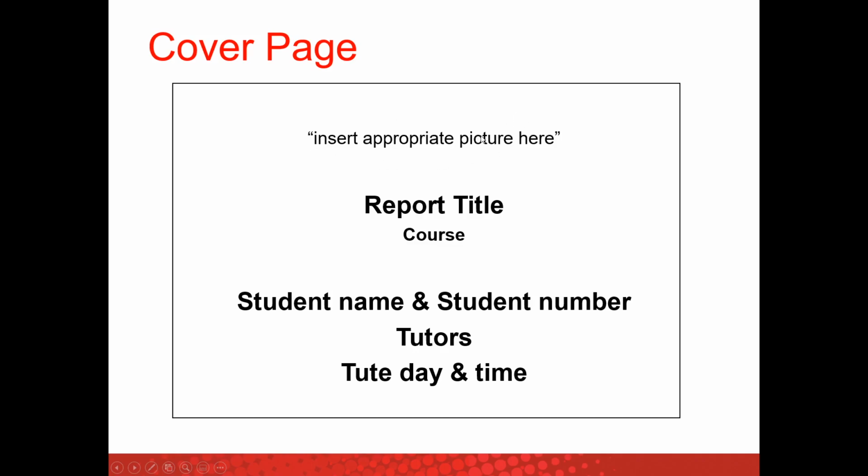So it's only text here, but you would actually expect an appropriate picture for what the report is. So there should be a title. Obviously put the course details, ISYS 2056, etc. in here. The student name and number, and the tutors' names. Ideally put both the tutors, and most important of all is your student number, and the last part is the date and time on the cover.